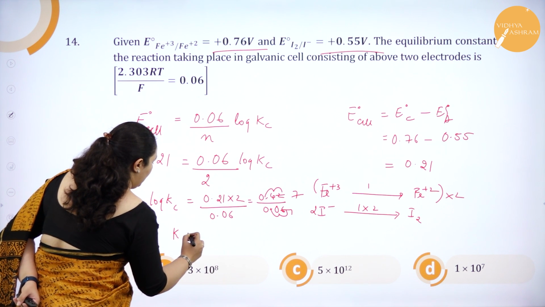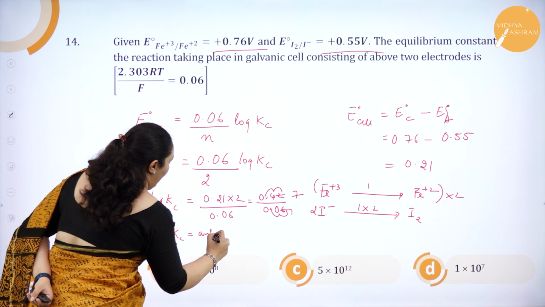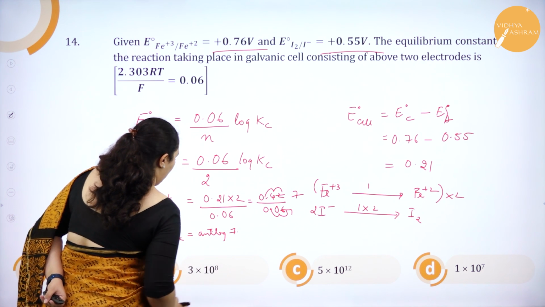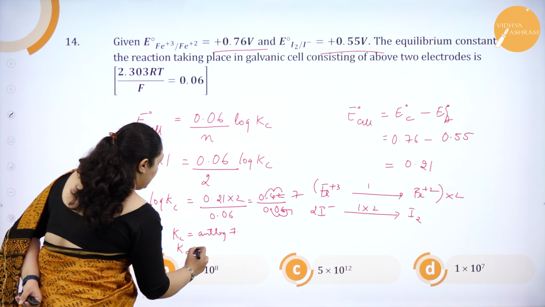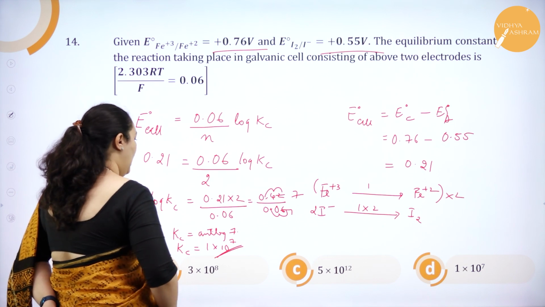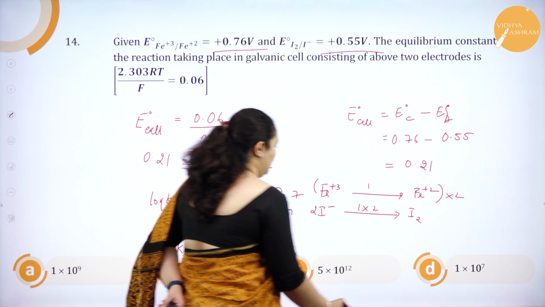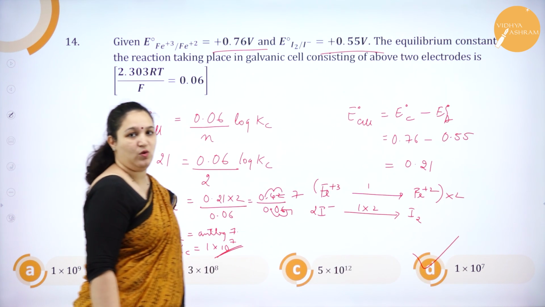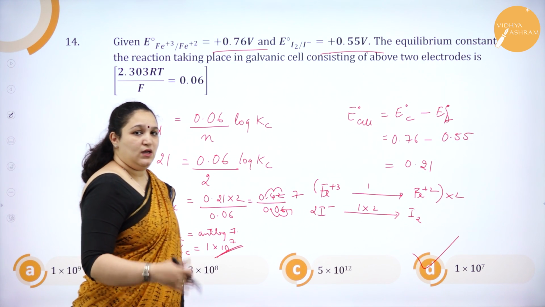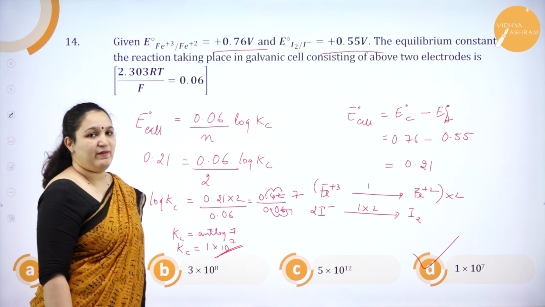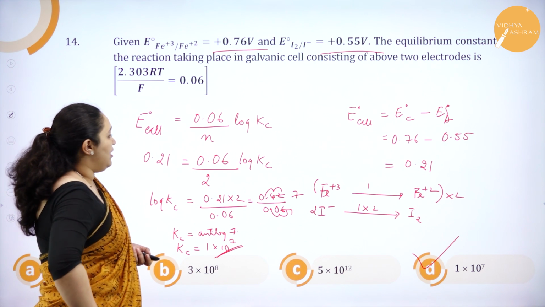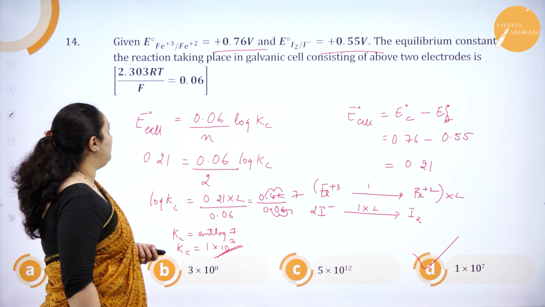So you have Kc is equal to anti-log of 7, okay, which is nothing but Kc is equal to 1 into 10 to the power 7 is the answer, which is option D. Anti-log of 7.0 if I have to take, it comes as 10 to the power 7. So 1 into 10 to the power 7 is the correct answer. So I hope you have understood this particular problem.